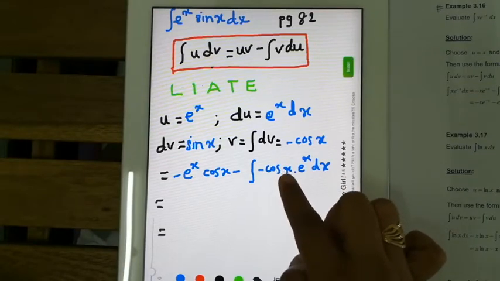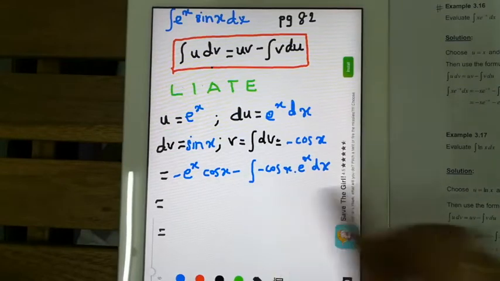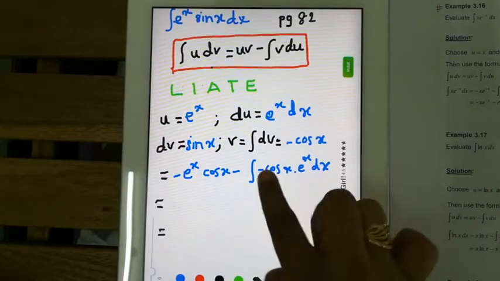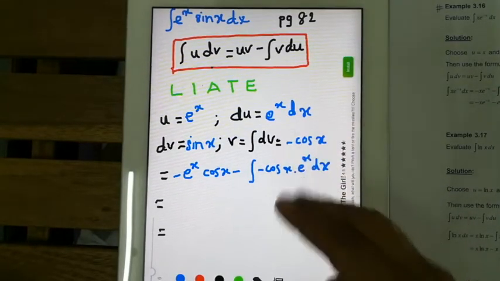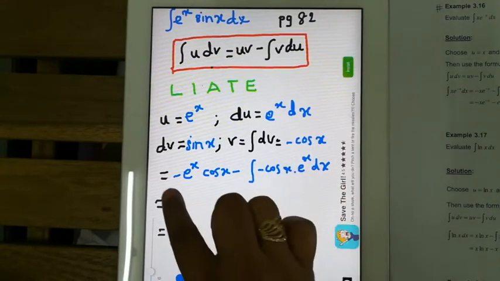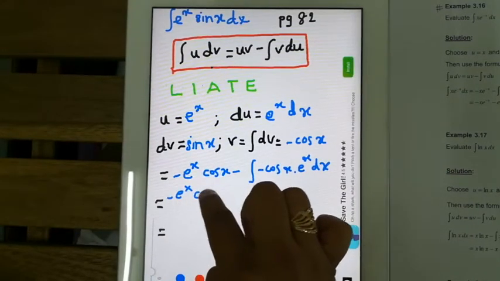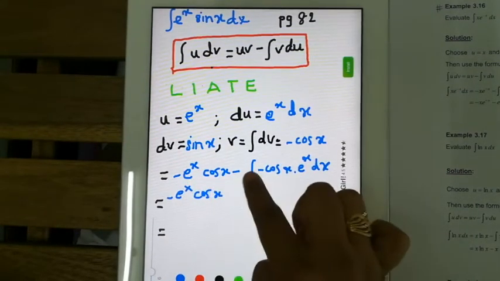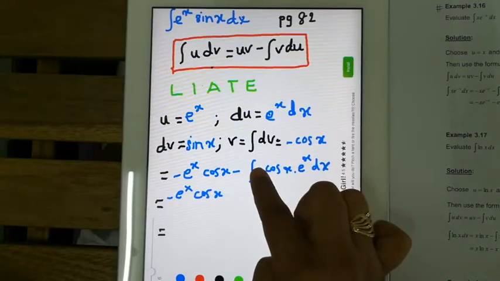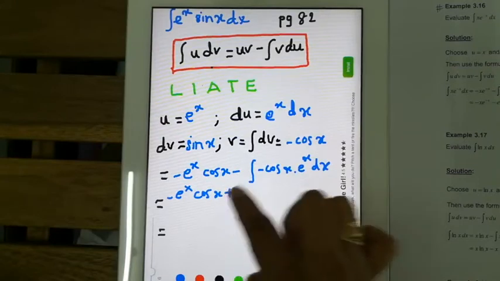It means that you need to do another integration process for this one. So let me rearrange it. Nothing happens in this part, you just multiply it, but here I would like to take out the negative, and it will become positive.